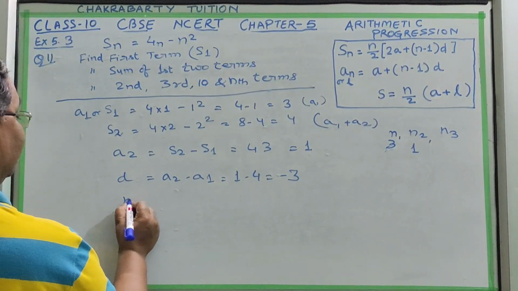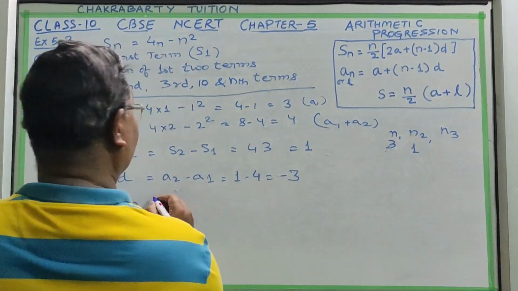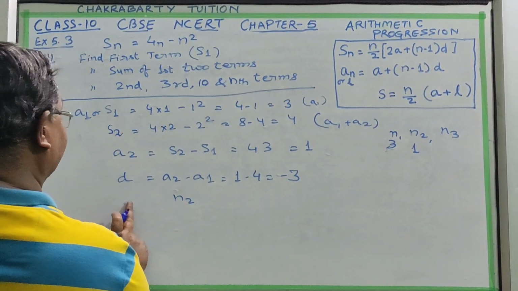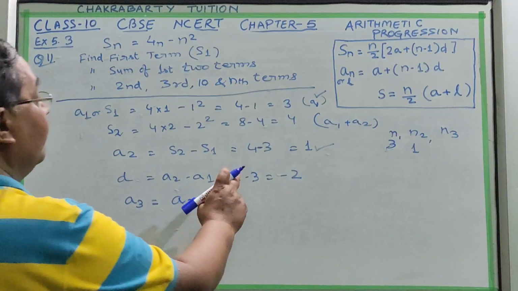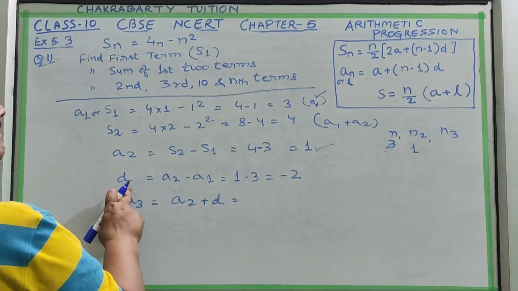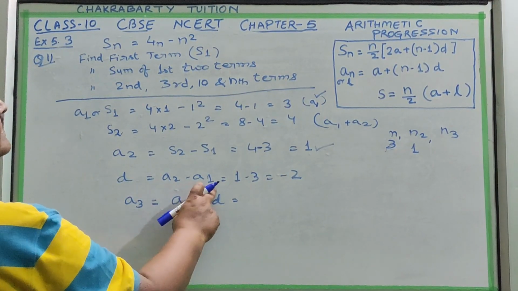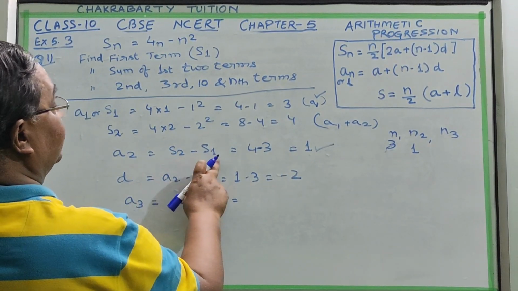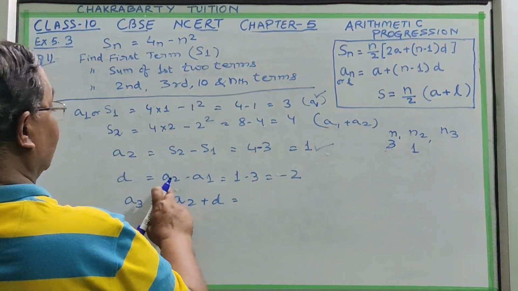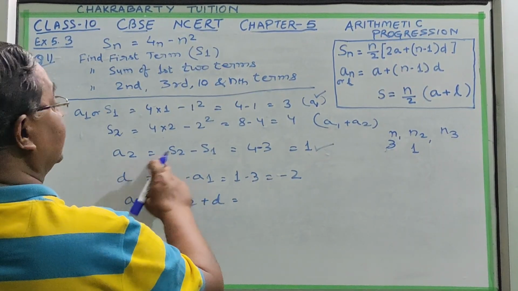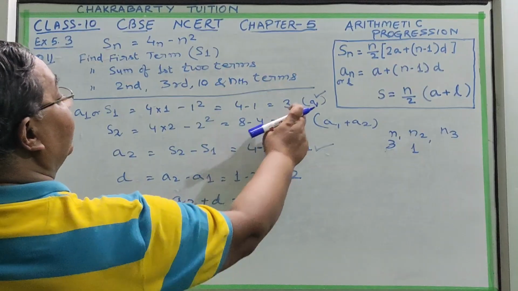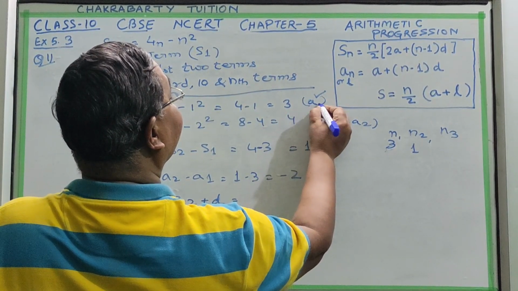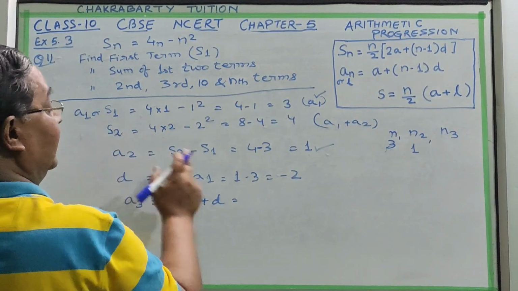So a3 will be equal to a2 plus d. What will be the d? d will be equal to a2 minus a1. a2 we have found: the sum of 2 is this and the sum of 1 we have reduced, so a2 is equal to 1. a1 or S1 we have found out, it is 3.